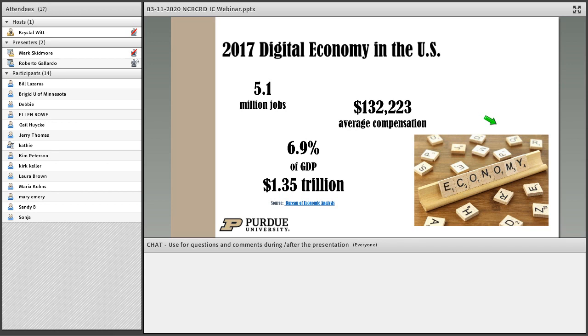amounted to $1.35 trillion of the U.S. economy, or about 7%. And the average compensation was around $132,000. The median household income in the U.S. is 60 or so, 59. So it's double that.